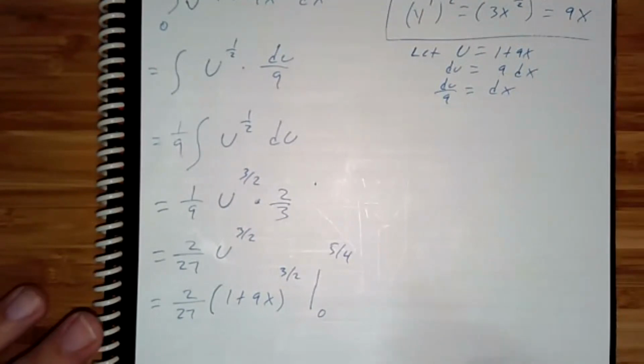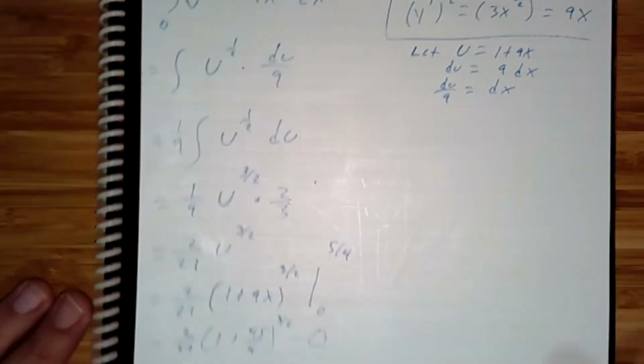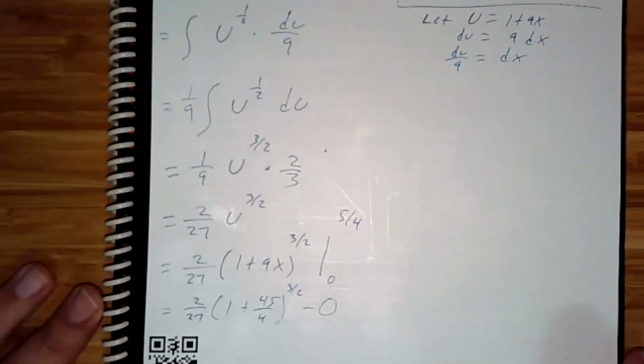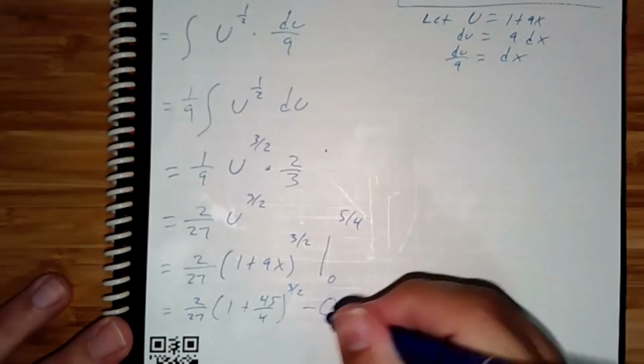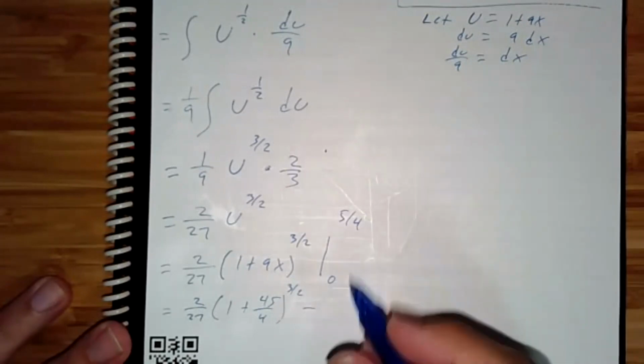Okay, let's see. If I plug in 5/4, that'll be 45 over 4, right? Oh, actually, it's not 0 this time. For once.